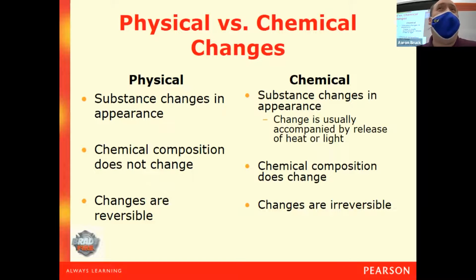Probably wouldn't work. But even if it did, imagine the amount of time and energy that would be put into that process just to do it. That's what we're talking about here. Chemical changes are irreversible, or at the very least require a significant amount of energy to reverse them. Physical changes really don't.